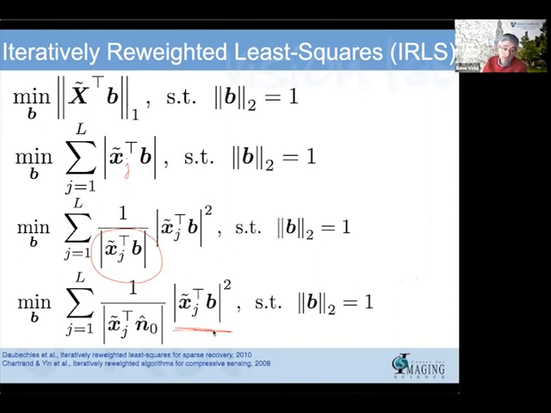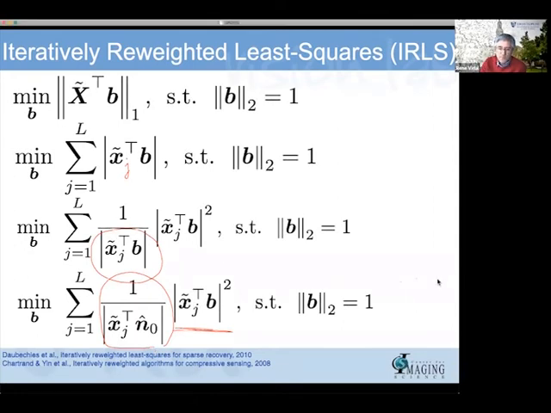And now this is an eigenvector eigenvalue problem. So the B is an eigenvector corresponding to the smallest eigenvalue of a certain matrix, effectively the data matrix, but weighted by this quantity over here. So that's the second approach.